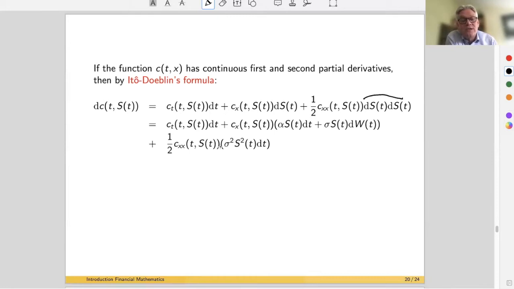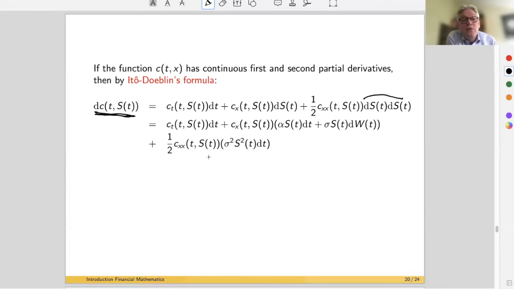Remember, in differential notation, that was sigma squared S squared dt. So plus 1/2 the second derivative of C with respect to X at time T and S_T, sigma squared S squared dt. So this is a representation of the dynamics of C, the dynamics of the call option price.